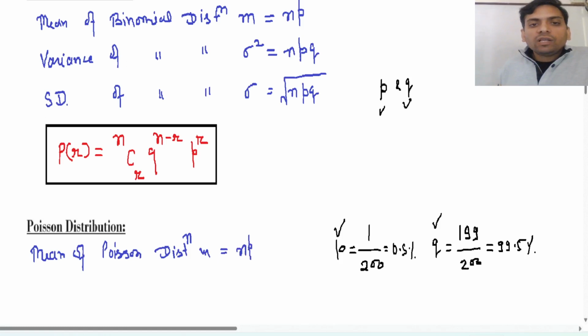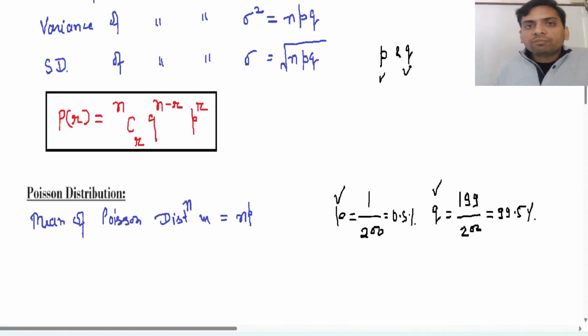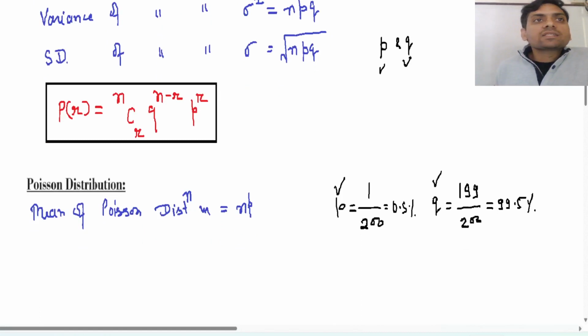We are using only one probability in both the cases, in binomial distribution or in Poisson distribution. Now we are saying we will use only one probability in variance. So this is variance of Poisson distribution.